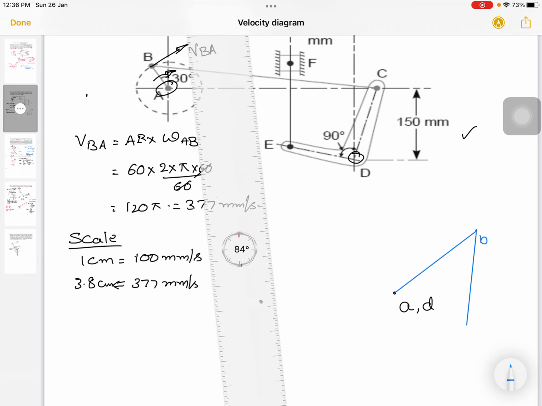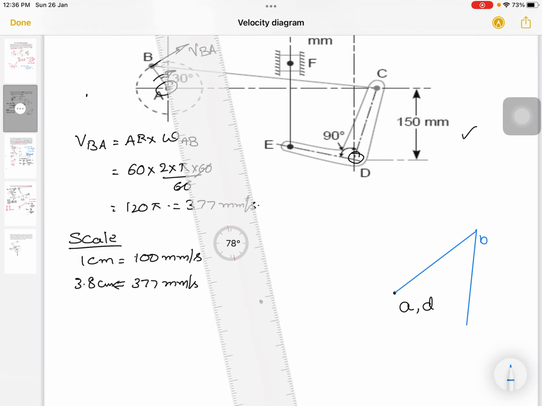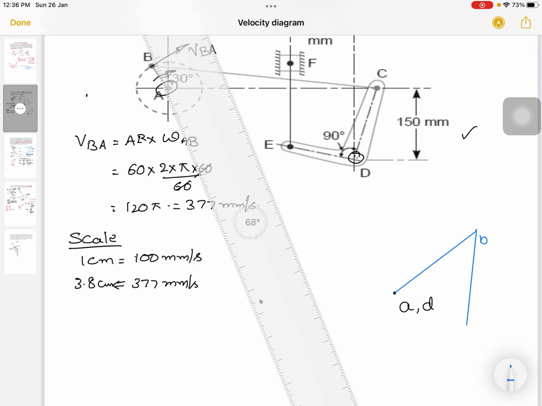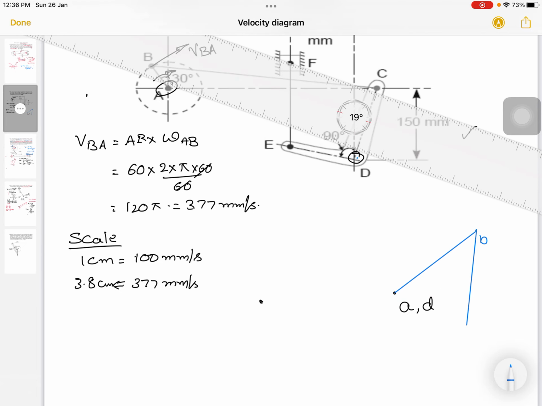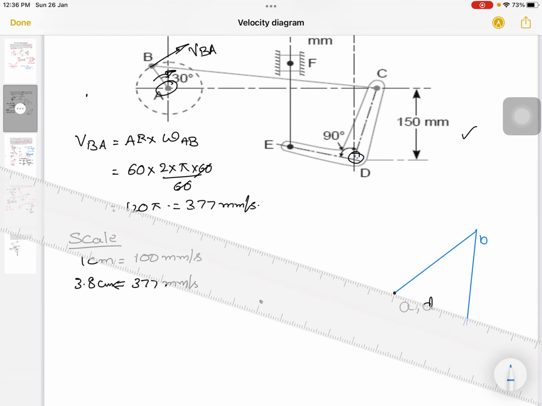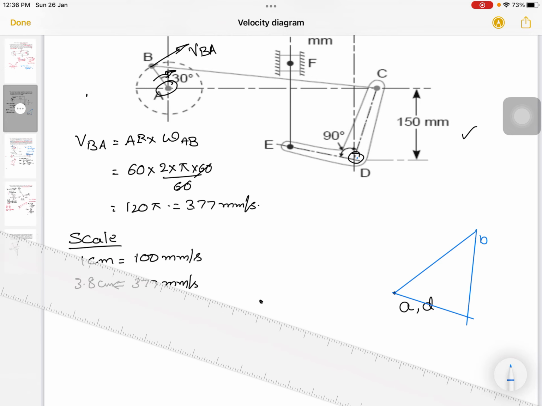Here we don't know point C, but we know point D. Now draw a line perpendicular to DC from point D, that will intersect the previous line. That point will be C.